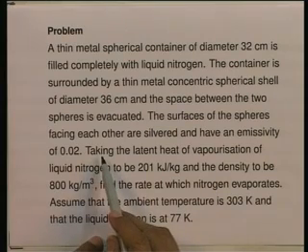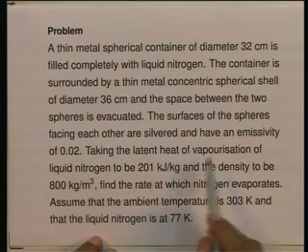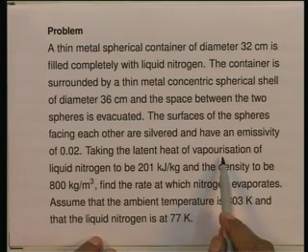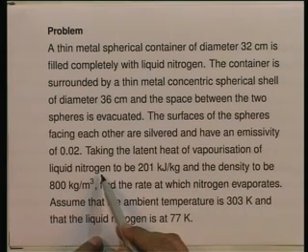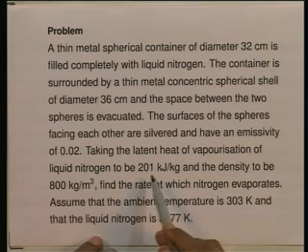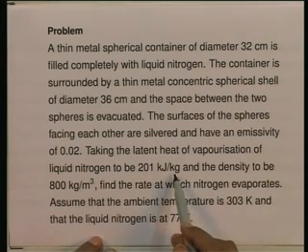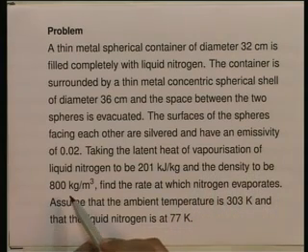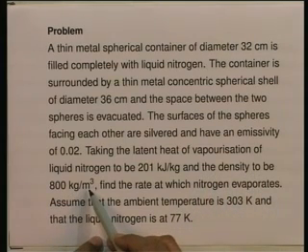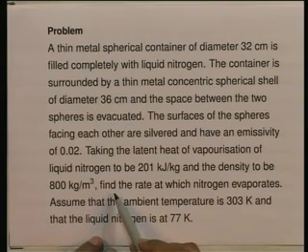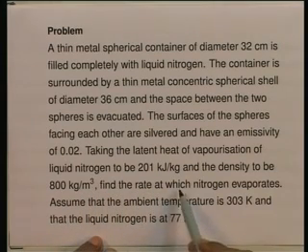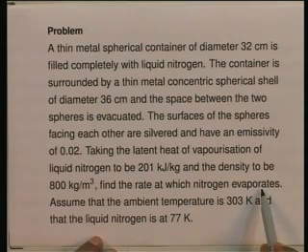Let me repeat that sentence. Taking the latent heat of vaporization of liquid nitrogen to be 201 kilojoules per kilogram and the density to be 800 kilograms per meter cubed, find the rate at which nitrogen evaporates.